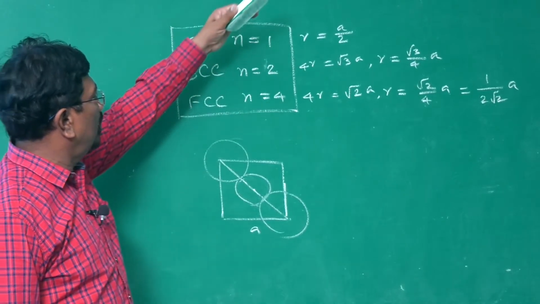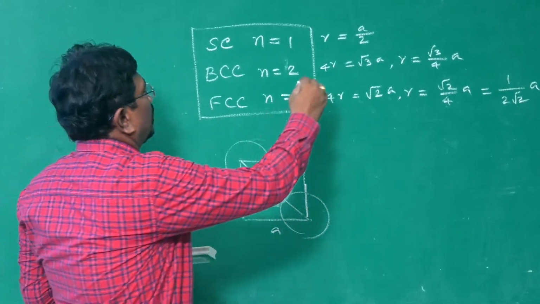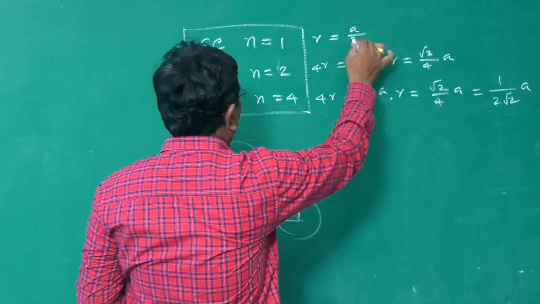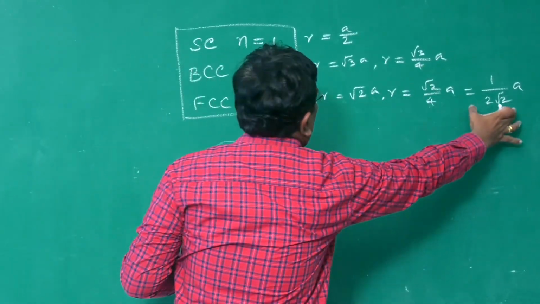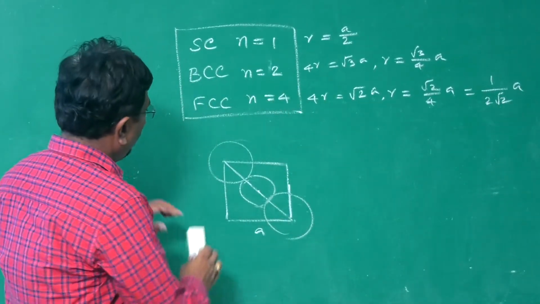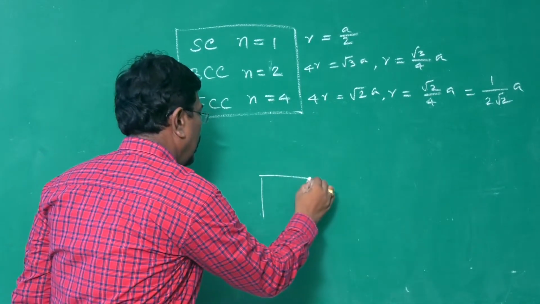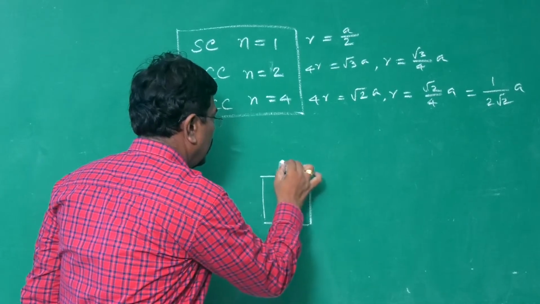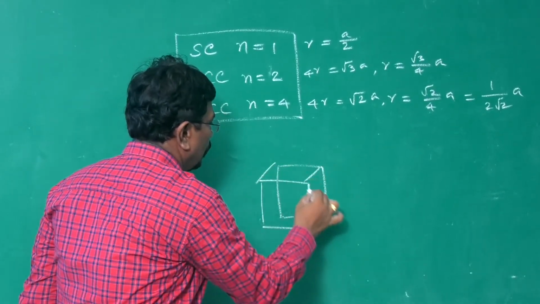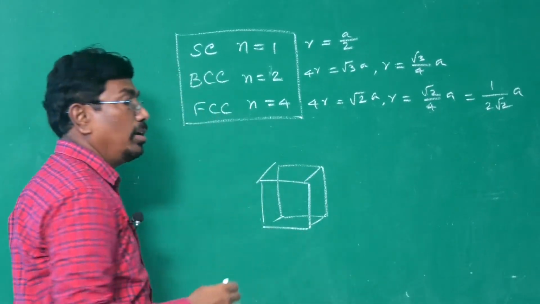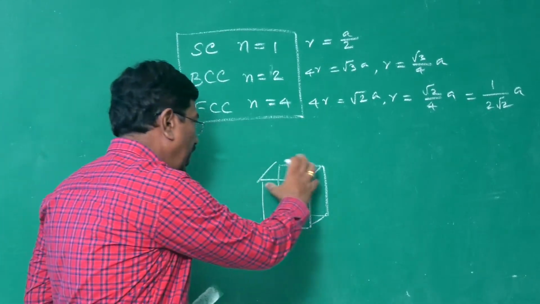So that is about the radius of an atom in simple cubic, body-centered cubic, and face-centered cubic. And we have to calculate density also. What is the density of a unit cell? Density of a particular unit cell is equal to the mass of this unit cell, the total mass of all the atoms.